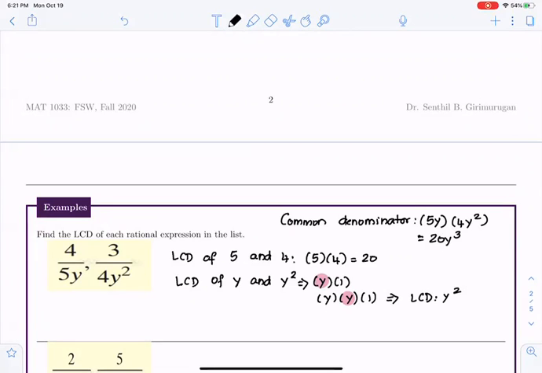The LCD of y and y squared is y squared. So what is the final LCD, which is the LCD of 5y and 4y squared? It is simply the product of the two individual LCDs, 20 and y squared. So we have 20y squared.